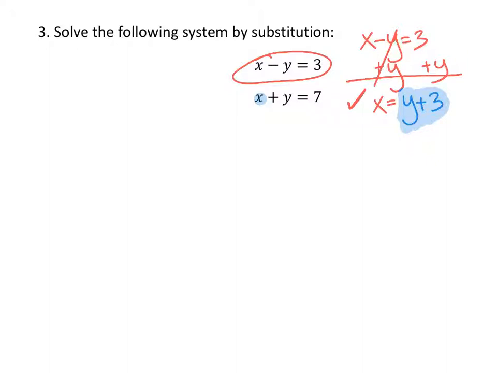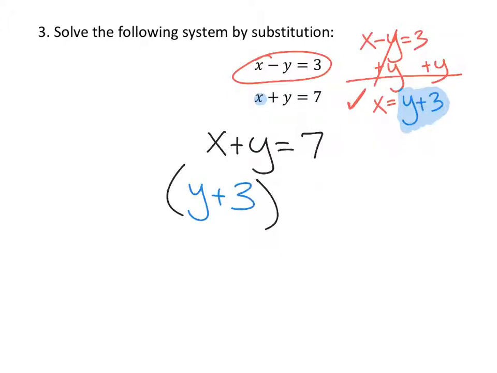Now that we have it isolated, and we're going to substitute, instead of x plus y equals 7, that new equation can be written as x, which is y plus 3, plus y equal to 7.